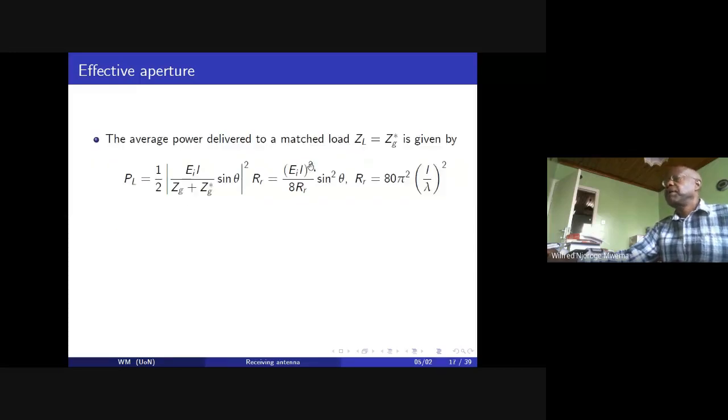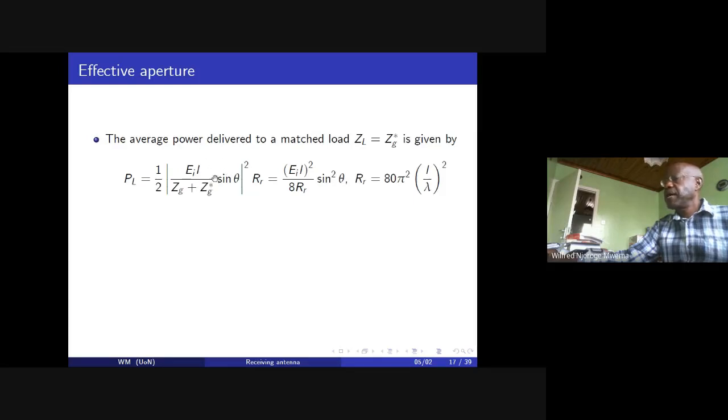The average power delivered to a matched load, ZL equal to ZG star, is therefore given by PL equal to a half multiplied by the voltage induced in the antenna, which is just the electric field intensity multiplied by the length of the antenna.